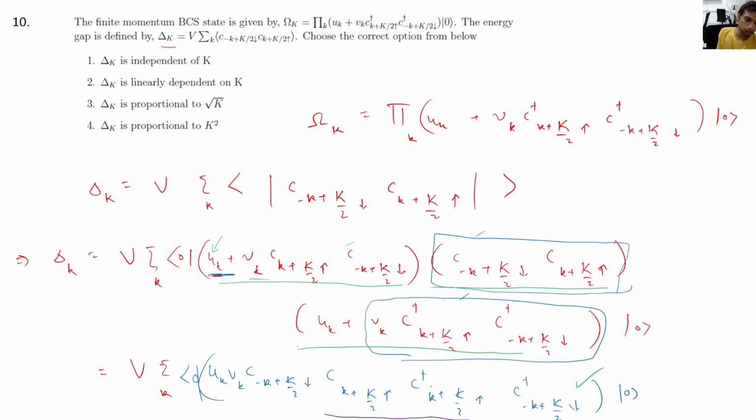So these two will give you the same state and will be independent of the k vector, as you saw here.